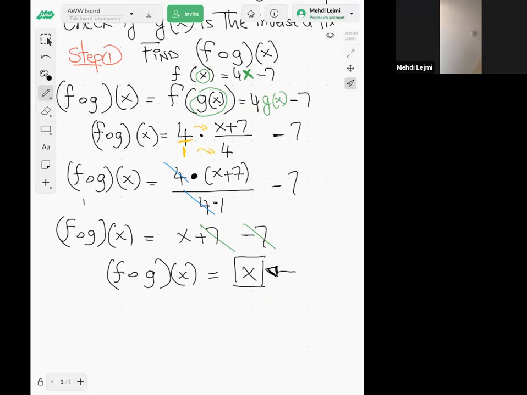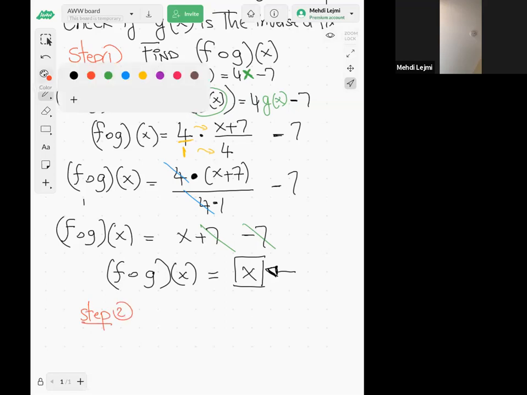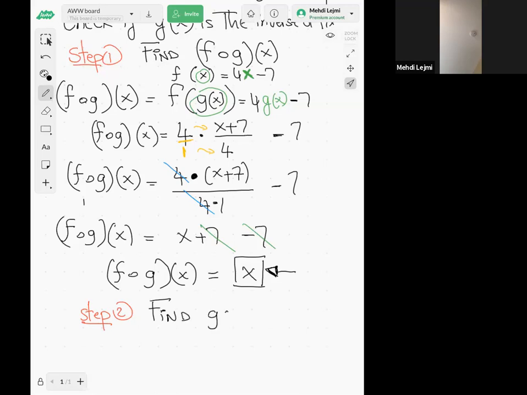But we got x, so we can move to step number 2. Now we have to find g composed with f of x.